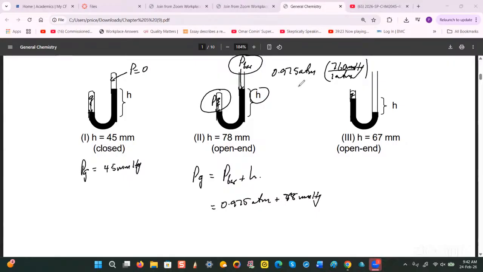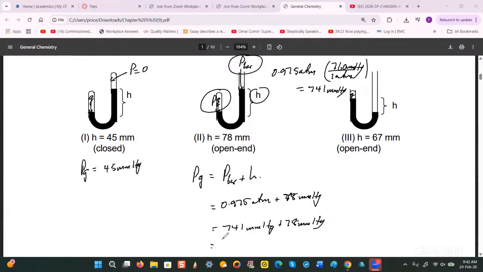So I'm going to do that calculation now. So that's 0.975 times 760, and I got 741 millimeters mercury. So I'm going to put 741 millimeters mercury down here, and I'm going to add it to the 78 millimeters mercury.